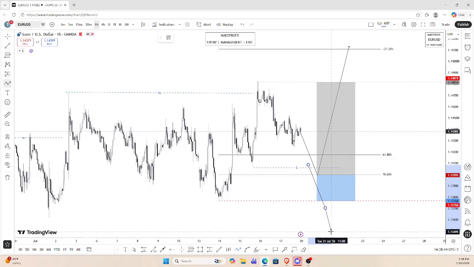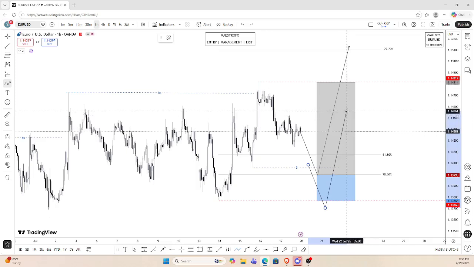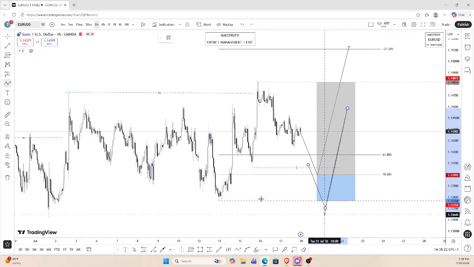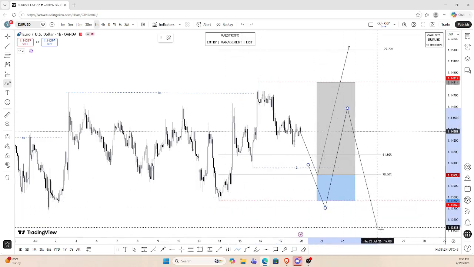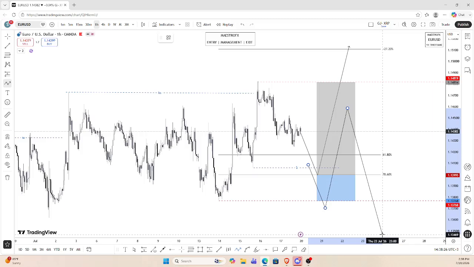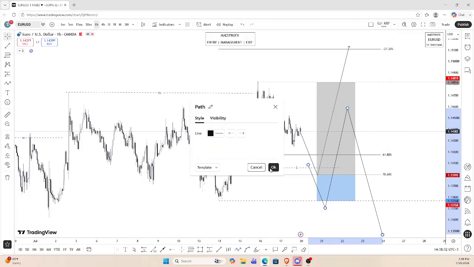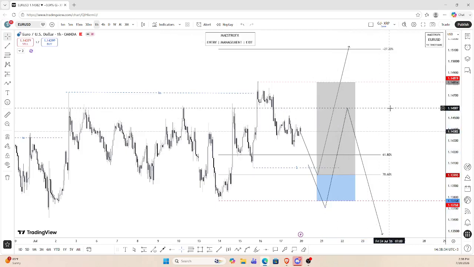If we see it pushing lower, probably I'll be shifting bearish, and by a break of this structure I'll be looking to take this price lower, and so that's what I'll be looking for this week.